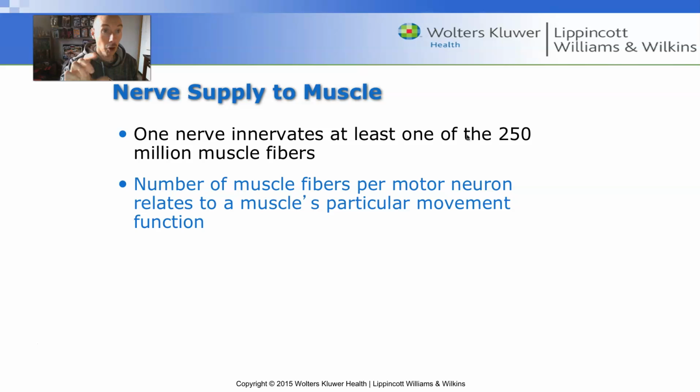However, this is a term that you need to learn, and that is a motor neuron. So a motor neuron is a nerve that innervates muscle, right? Think motor is movement. A motor neuron is a specific type of nerve that stimulates muscle, okay?